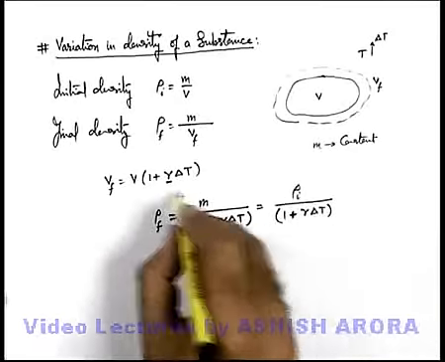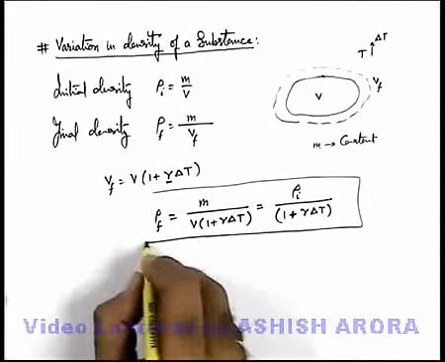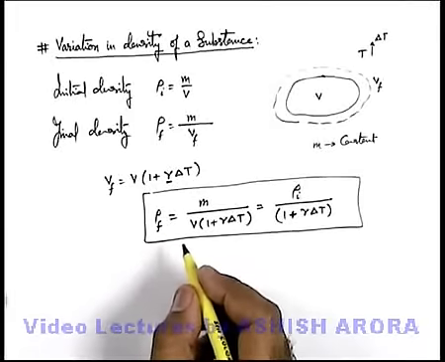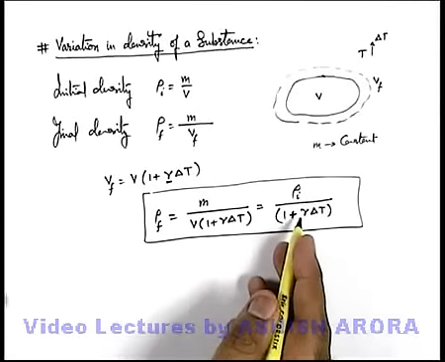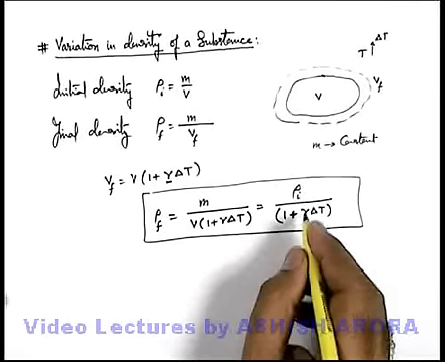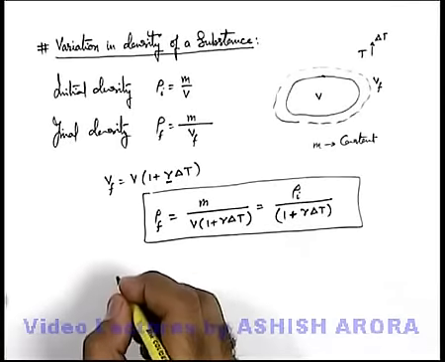This result you need to use very carefully, because several times it happens that for a solid object gamma delta T is very much less than 1.